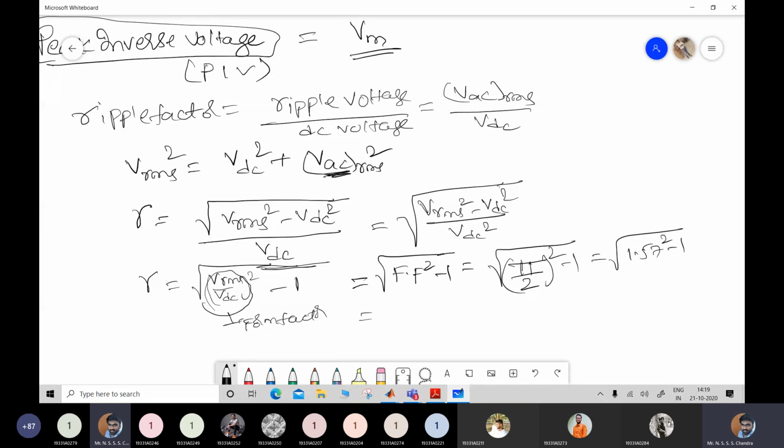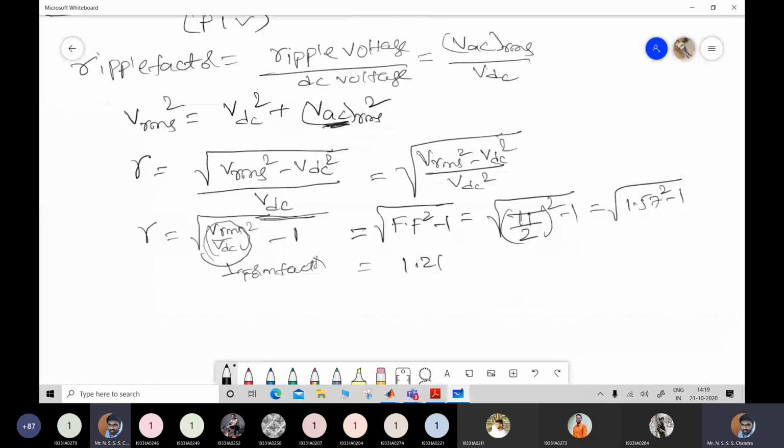Taking 1.57 into 1.57, minus 1, and then the square root, I get around 1.21. So this is your ripple factor.